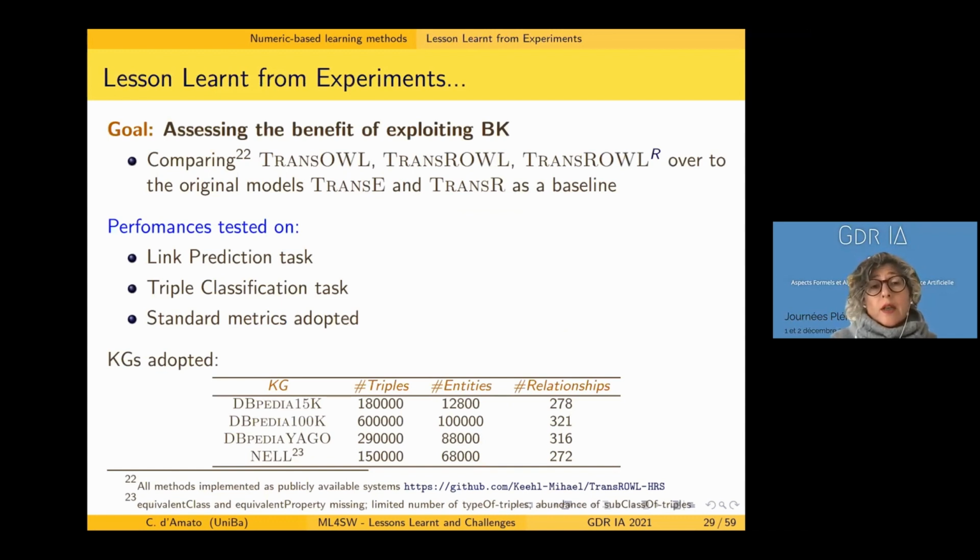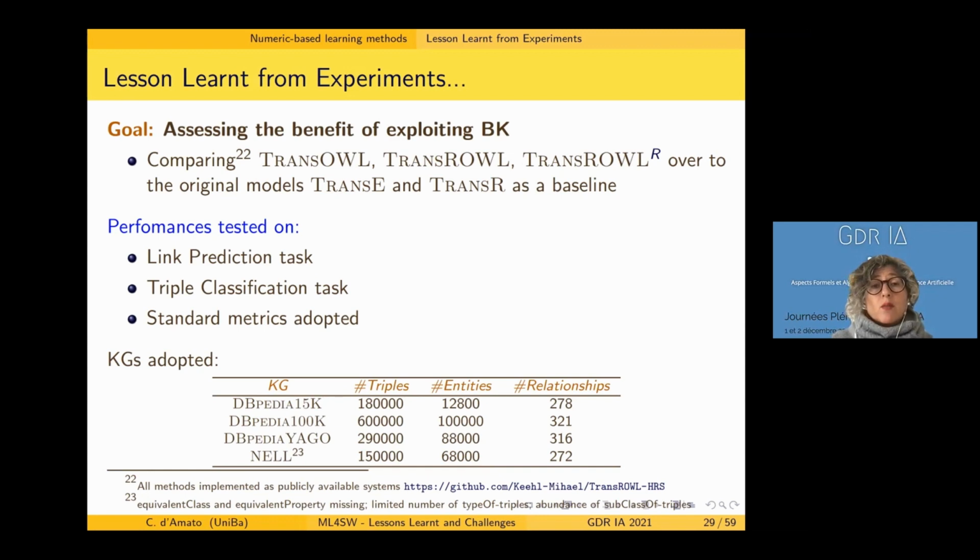What we have done is to assess whether exploiting background knowledge and reasoning capabilities would be actually beneficial. In this regard, we compared TransR-OWL and TransR-OWLR with respect to the baseline models, TransE and TransR.